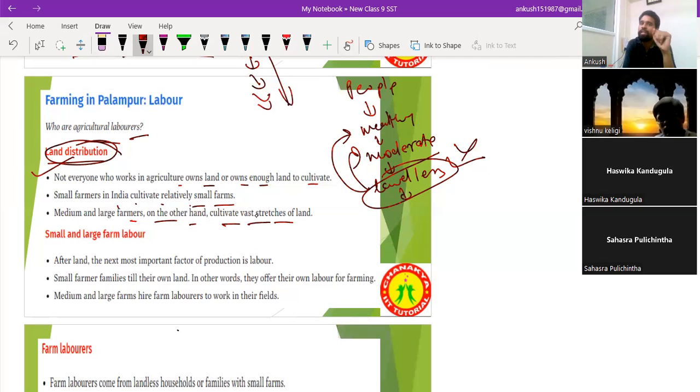There are a lot of strategies that they apply upon the laborers. As they cultivate more land, they have a lot of production. They can keep some at home, and whatever surplus grains are there are sold into the market.